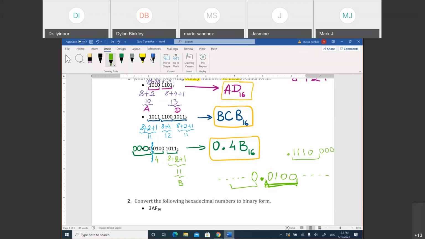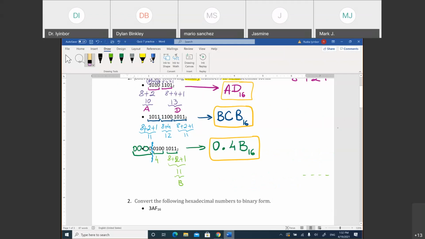You can put as many zeros as you want, and you can put as many zeros as you want in front. Okay, you got it?